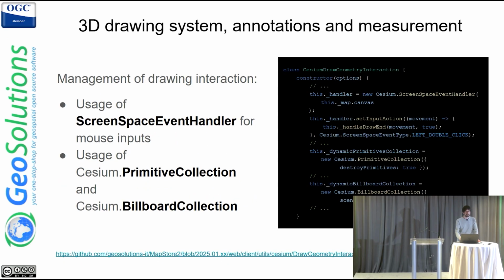Just to mention a few of the APIs that we used: the screen space event handler to intercept all the mouse events. We also use primitive collection and billboard, because we found out that they were more performant in the viewer, so it was more fluid to use them instead of entities. So this was the approach that we used.